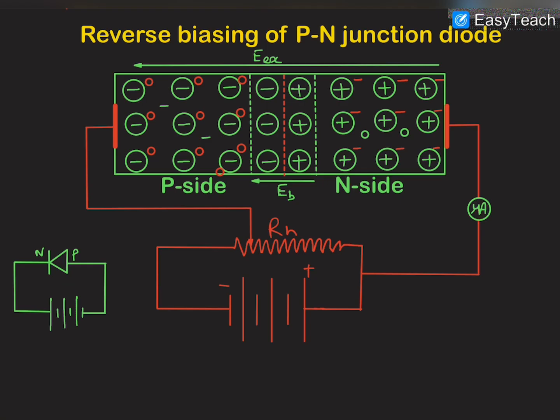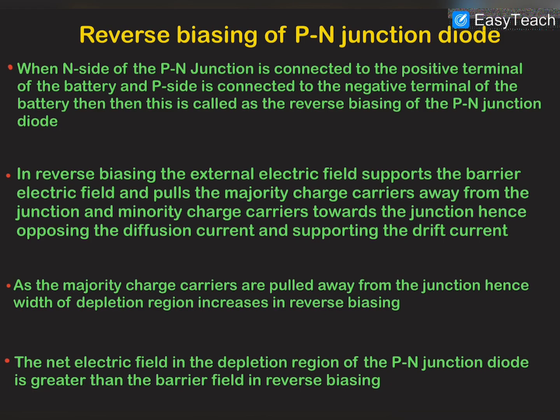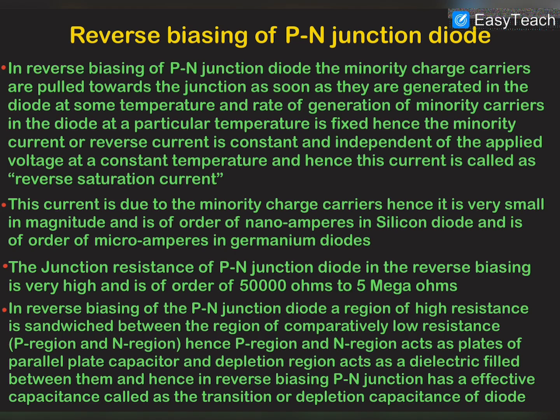Now let us discuss another thing, that I've already written on this page. You can take a screenshot, and it is very important to note that the width of the depletion region increases in the reverse biasing. The reverse current flowing in the reverse biasing is constant due to the fact that the number of electrons or holes which are the minority carriers are fixed in the diode.